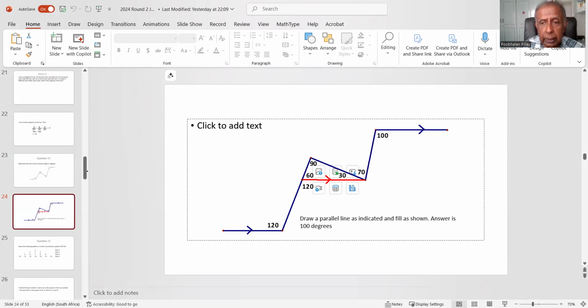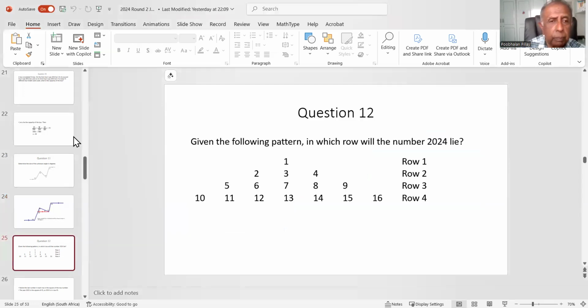I drew my parallel line at this point here. But you could have drawn a line parallel elsewhere, and then you could have also come to an answer. Okay, both of them will lead to an answer. And let's get on to the next problem.